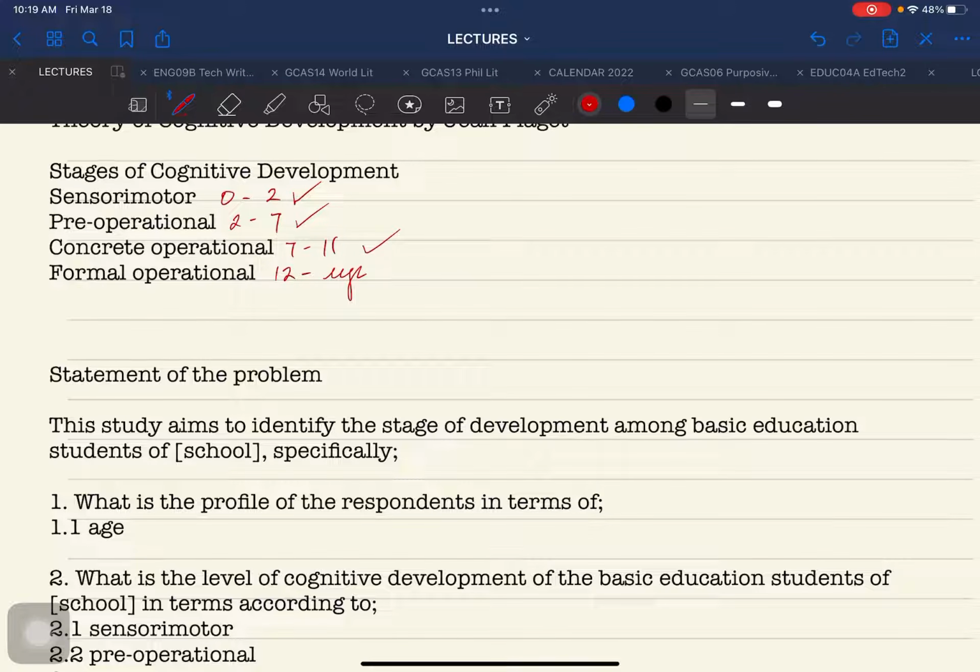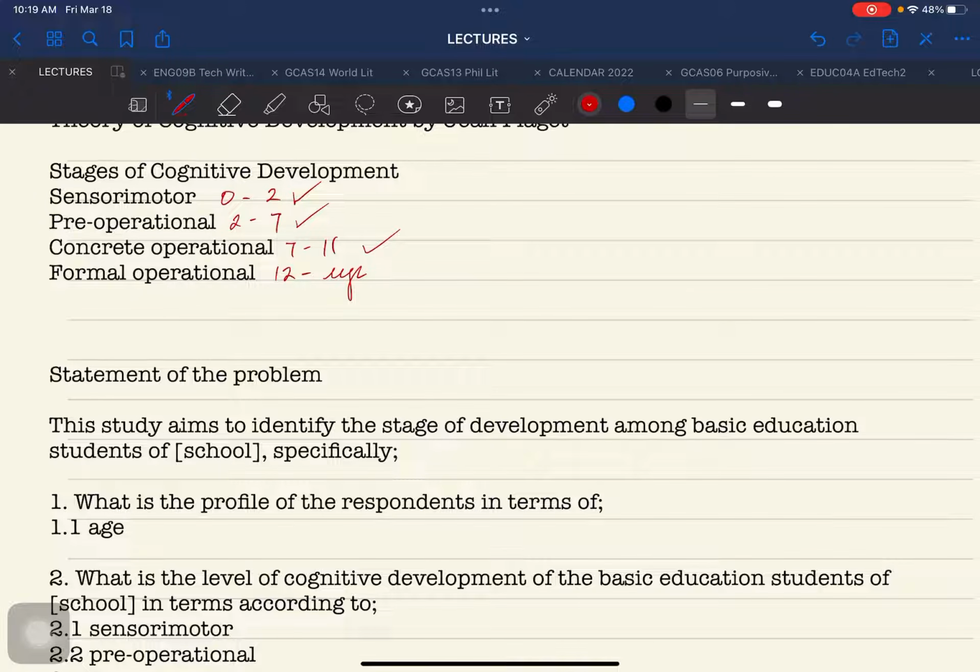I seldom use profile, but I always tell my advisees and research writers that if it is really necessary and you are going to use it in your analysis of the study, then by all means you can use profile of the respondents or the demographic profile.